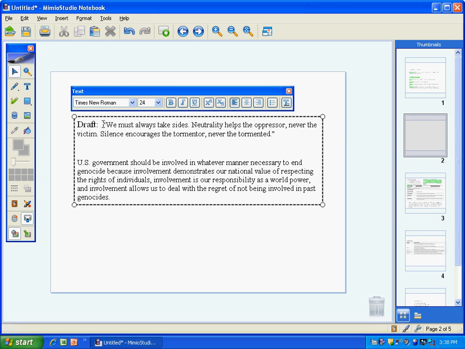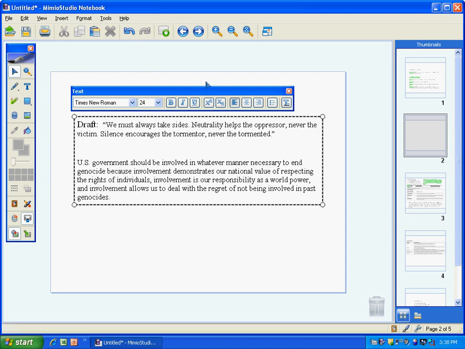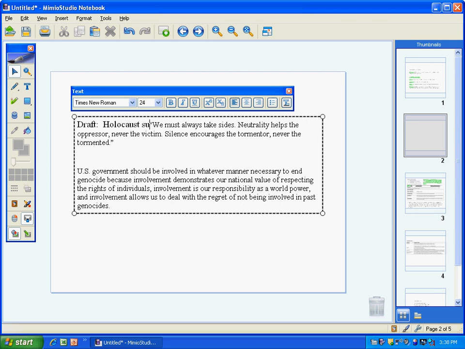So I'm going to begin by... I want to use a very active verb, and I'm not sure that "stated" will end up being that verb, but I need to transition into my quotation.